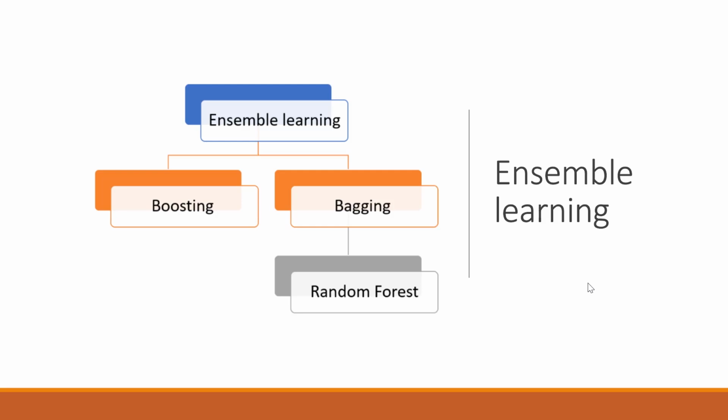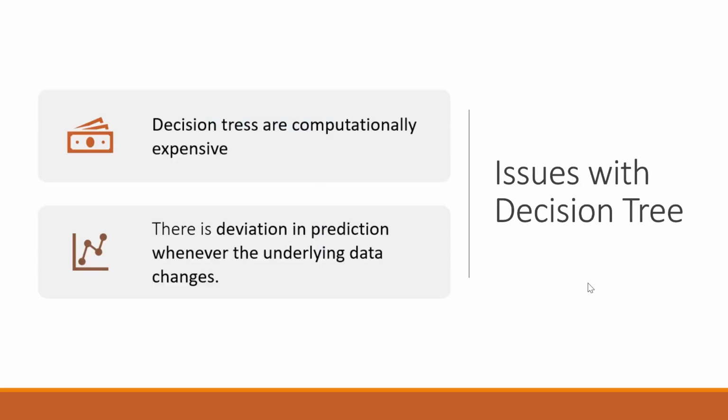Moreover, there are certain drawbacks to using decision trees, and here comes the role of random forest. So let's discuss some of the issues with the decision tree. The very first issue with decision trees is that they are computationally expensive. Then decision trees are very sensitive towards the data on which they are being trained, which results in deviation in the prediction whenever the underlying data changes.